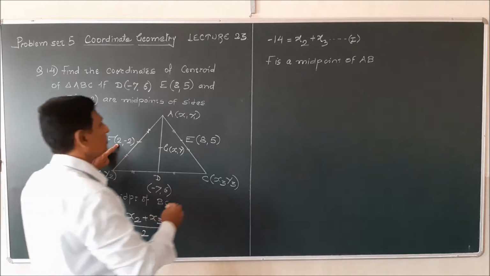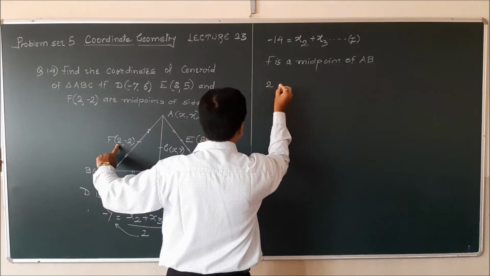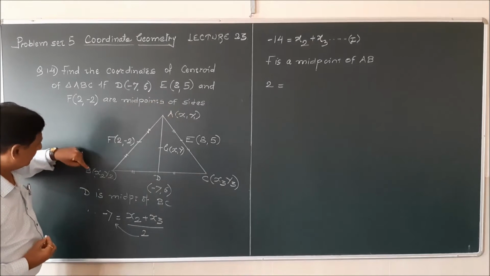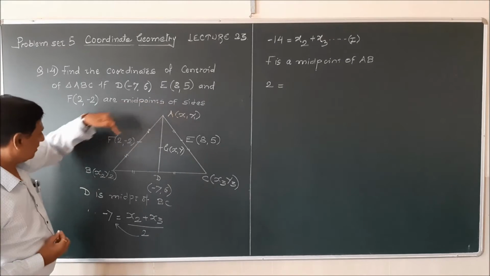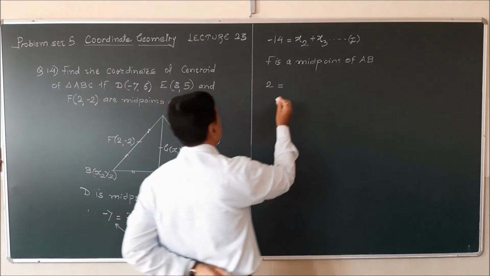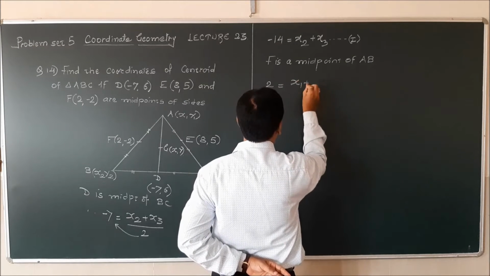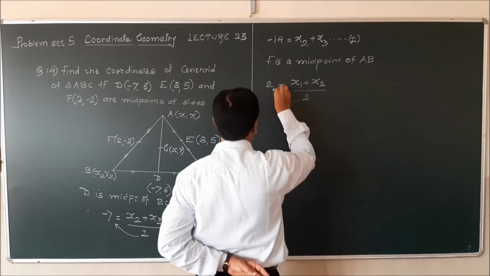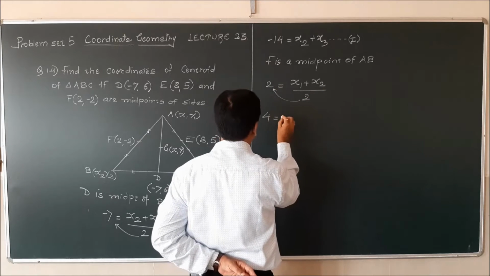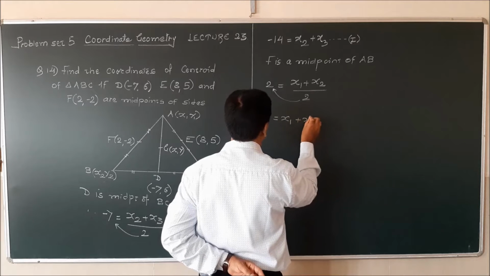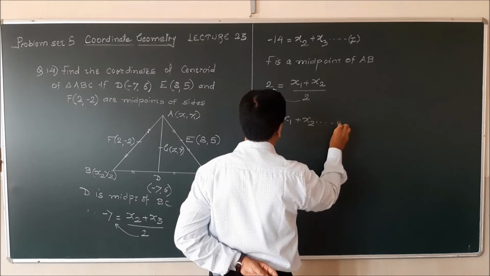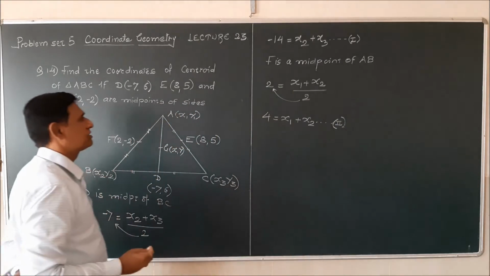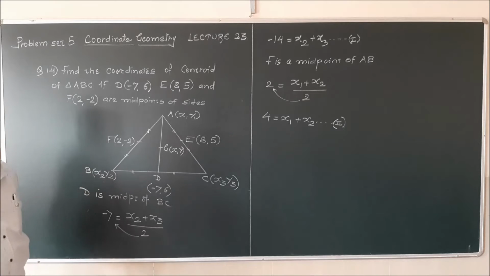So 2 is equal to x1 plus x2 upon 2, and 4 is equal to x1 plus x2. Very simple calculation you will find. So this is how I got x1 plus x2 as 4.